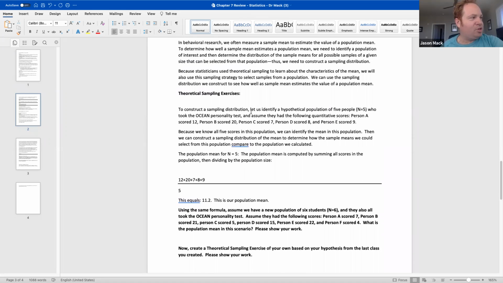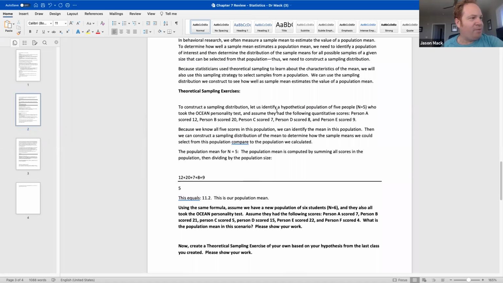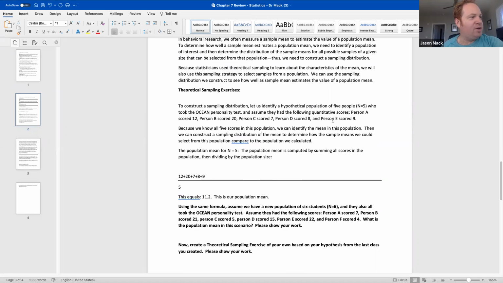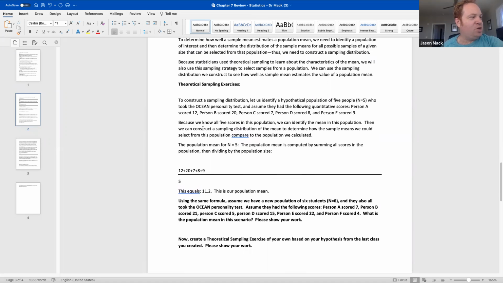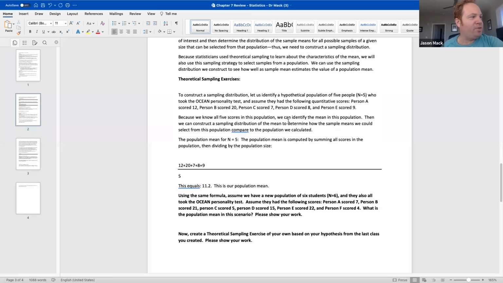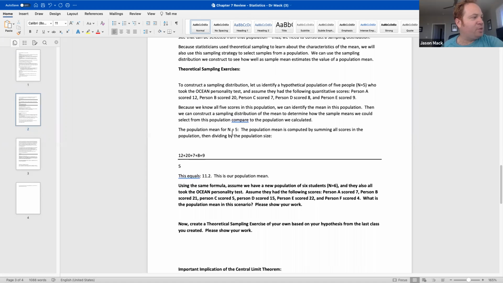To construct a sampling distribution, let's identify a hypothetical population of 5 people, N equals 5, who took the OCEAN personality test and assumed they had the following quantitative scores. Person A had 12, B 20, C 7, D 8, person E scored 9. Because we know all 5 scores in the population, we can identify the mean in this population. Then we can construct a sampling distribution of the mean to determine how the sample means could be selected from this population compared to the population mean we calculated.